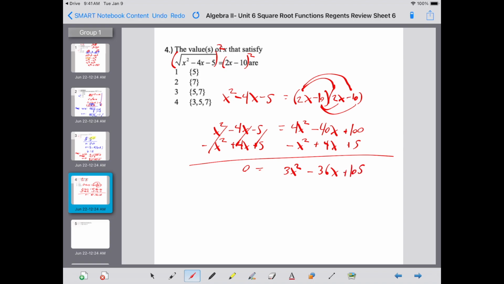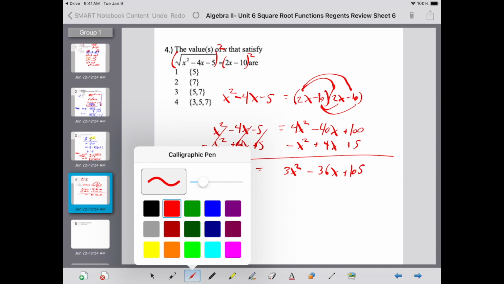You could try the AC method and see if that would work. Or you could also do factor by grouping possibly. But the possibility that it is not factorable could really weigh on you because it's just going to waste your time. So I recommend just doing the quadratic formula.